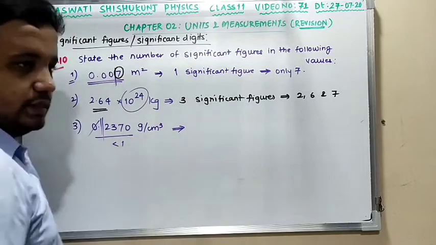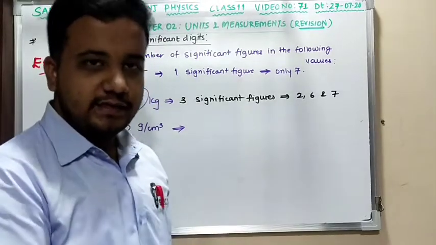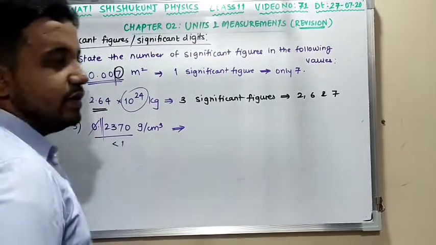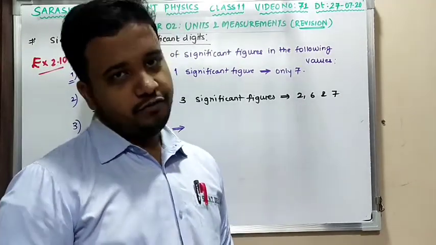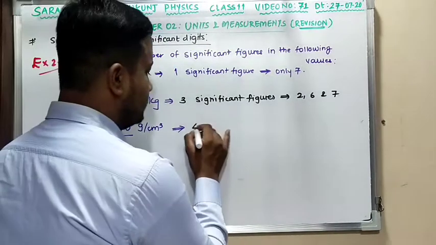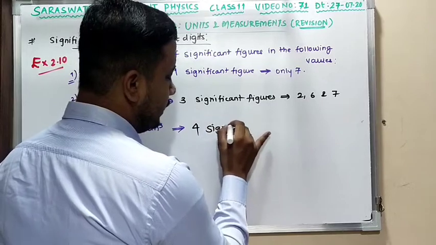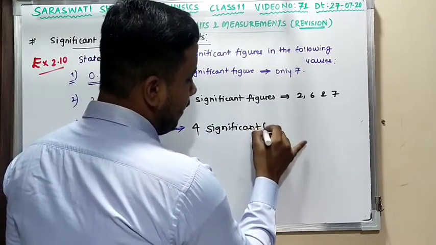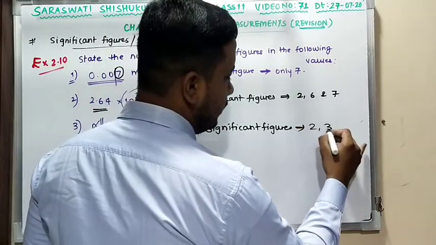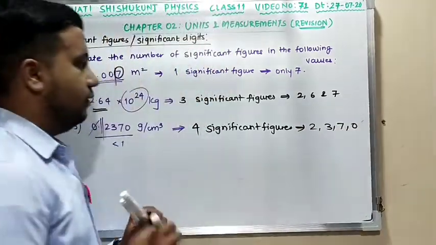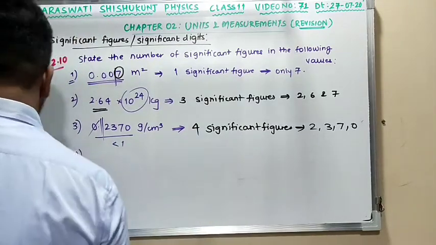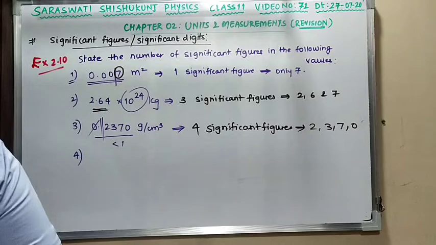But the trailing zero to the right, provided a decimal point is there, will be considered significant. So here the total number of significant figures is 4, and the values are 2370. Is this clear?